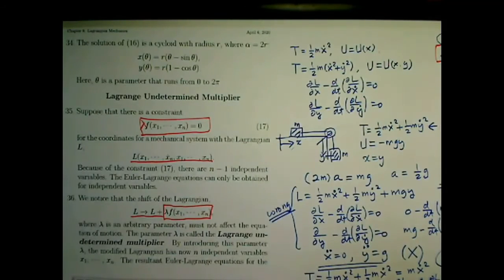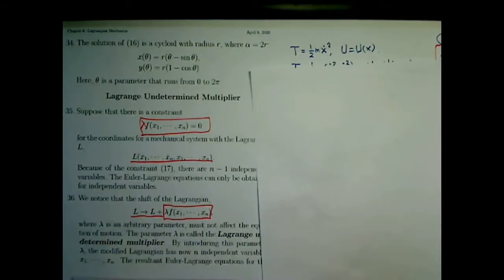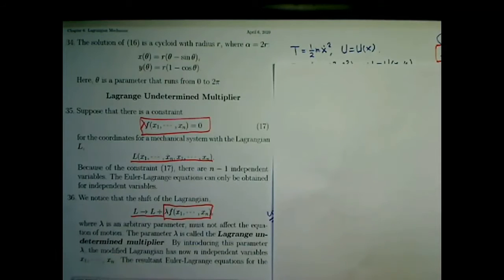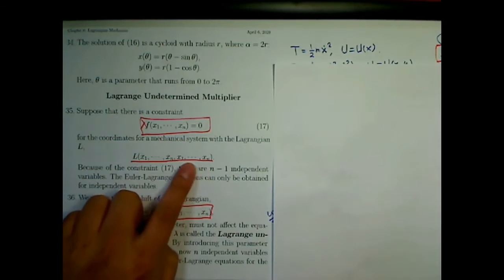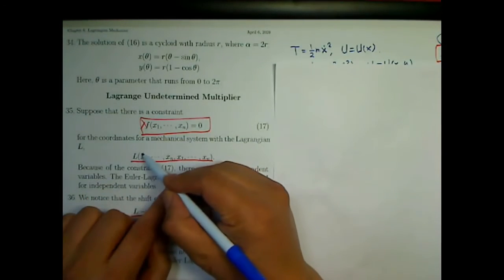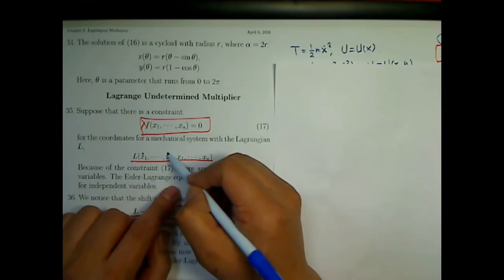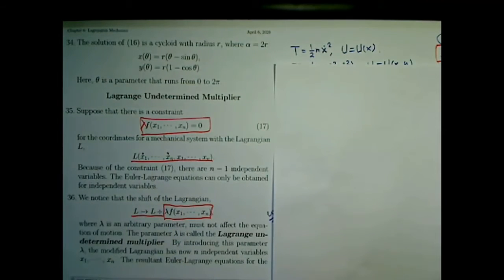In the remainder of this class, we study the Lagrange's undetermined multiplier. Suppose that we have a mechanical system of n variables. We have n positions and n velocities to describe the Lagrangian.